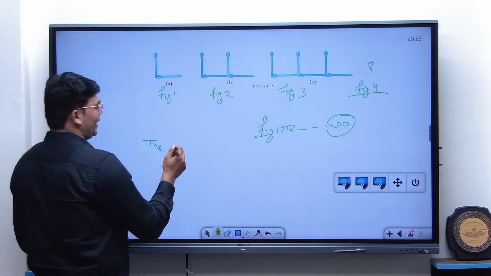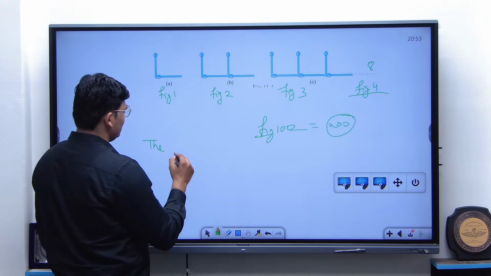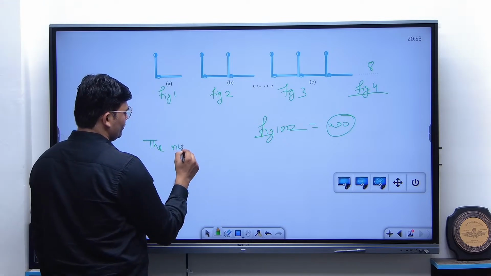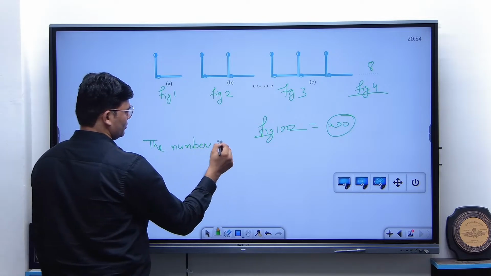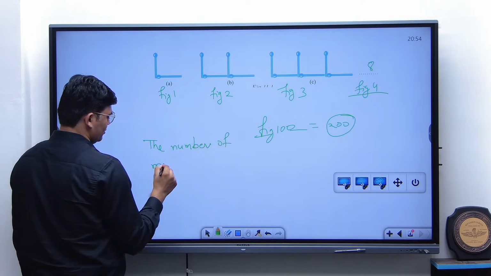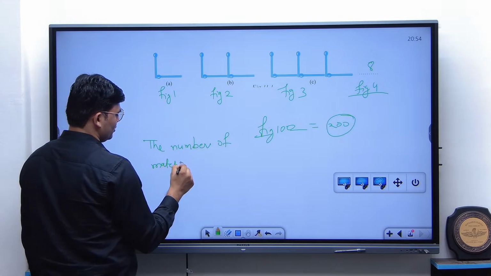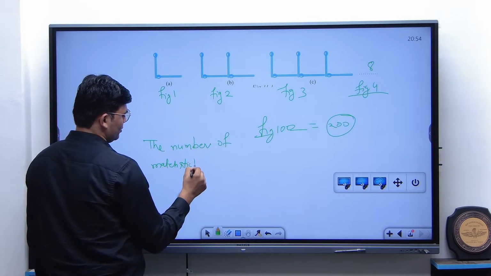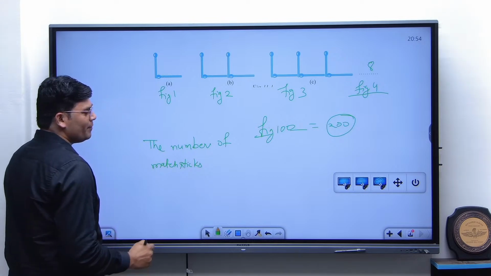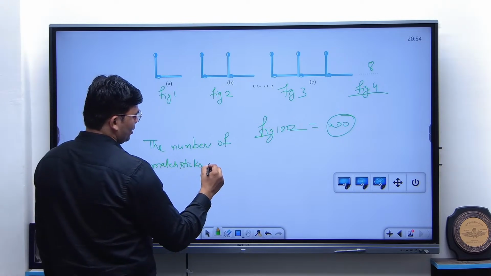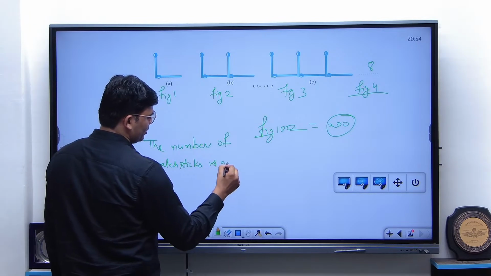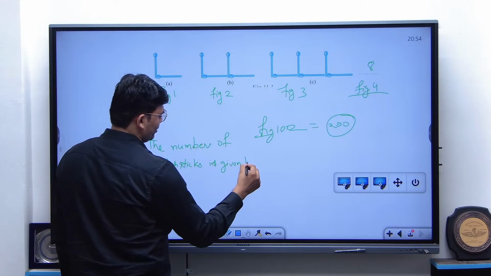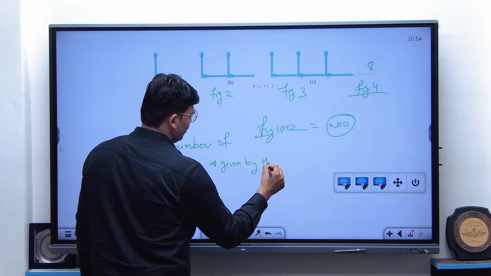Wonderful. So I'm writing here: the number of matchsticks is given by the formula.